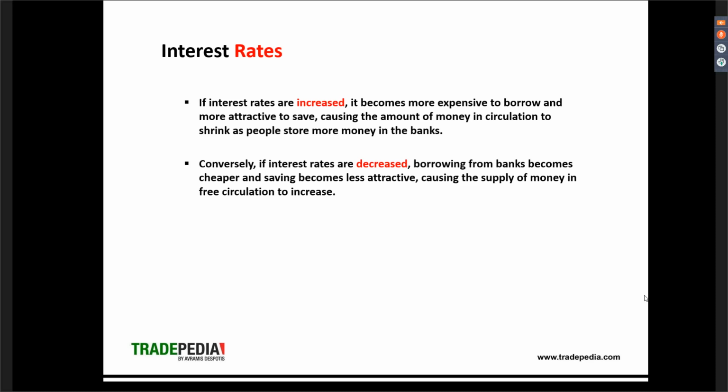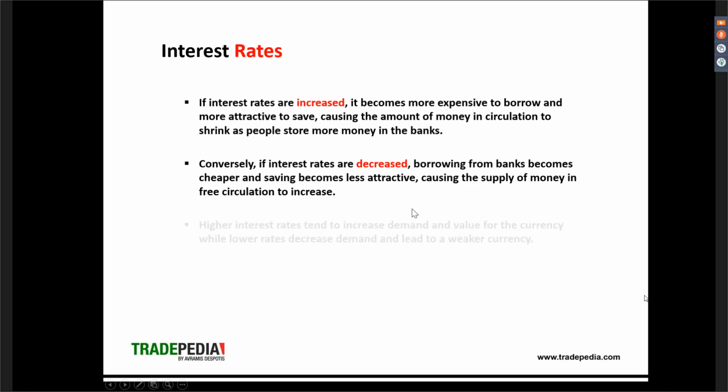So lower interest rate, more incentive for companies to take out loans and invest in their business. So borrowing goes up, saving becomes less attractive. We're earning less money for our saved deposits in the bank with lower interest rates. So less incentive to save, more incentive to borrow and invest, causing the supply of money in free circulation to increase.